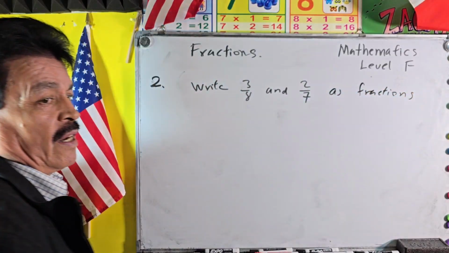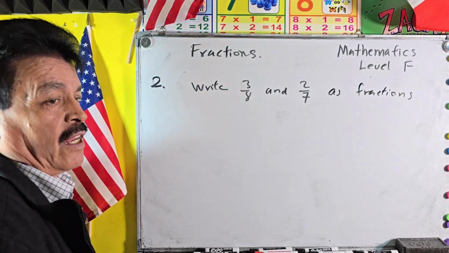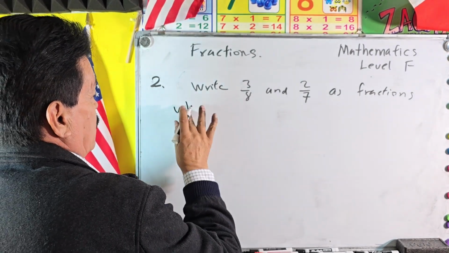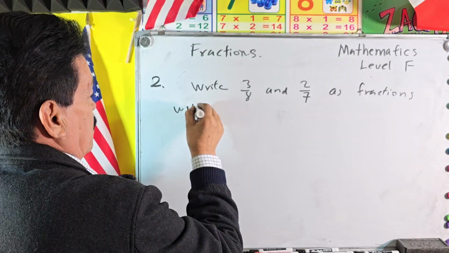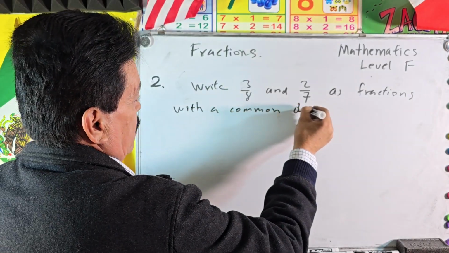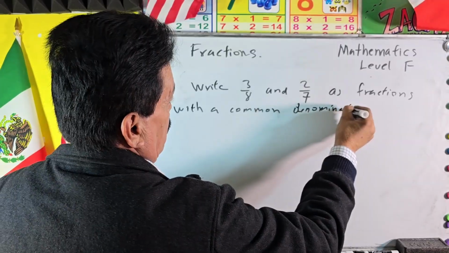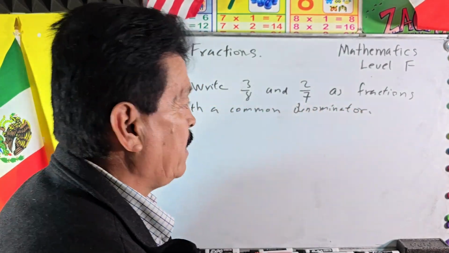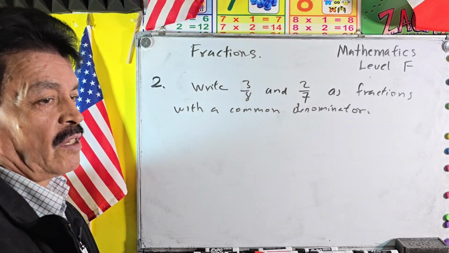We need a common denominator, because right now it's not a common denominator, right? We have to write the common denominator.